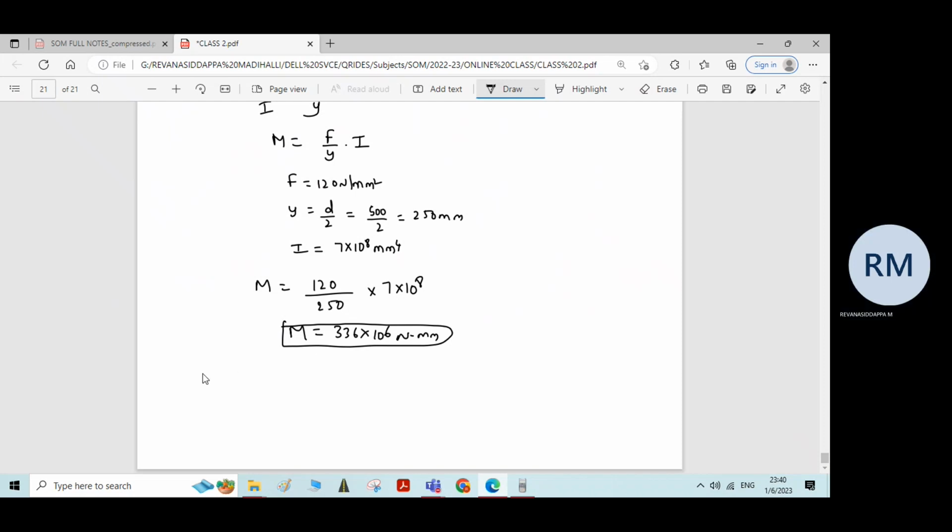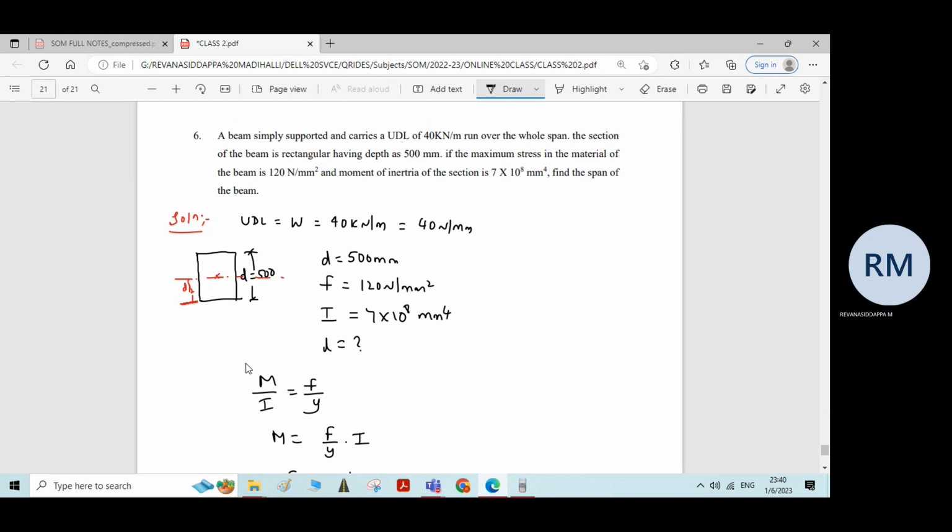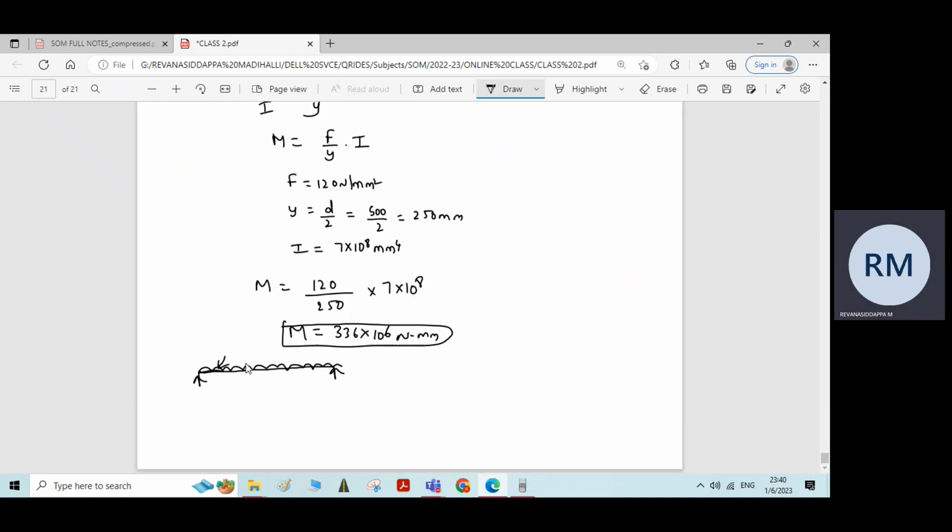Okay? It's a simply supported beam carrying UDL. Intensity of UDL is how much? 40 Newton per millimeter. L, that only we have to find now.